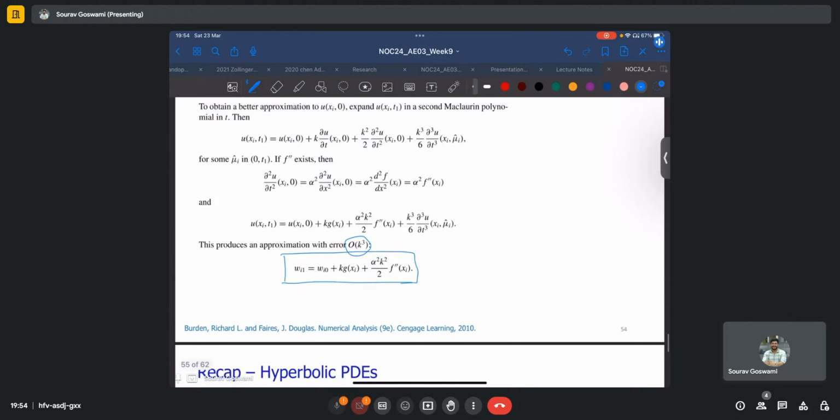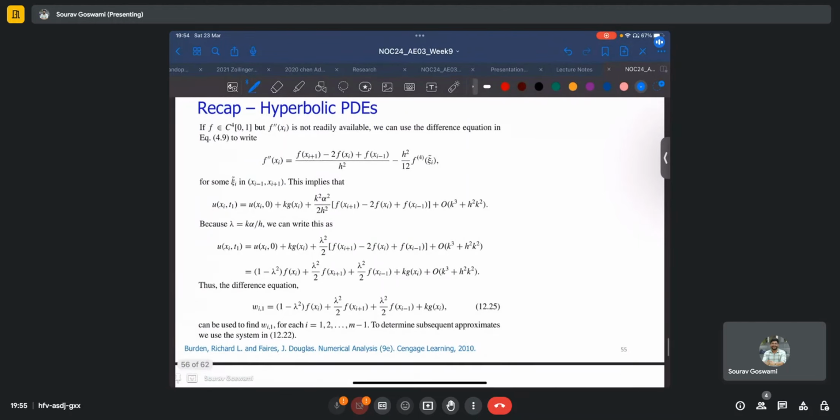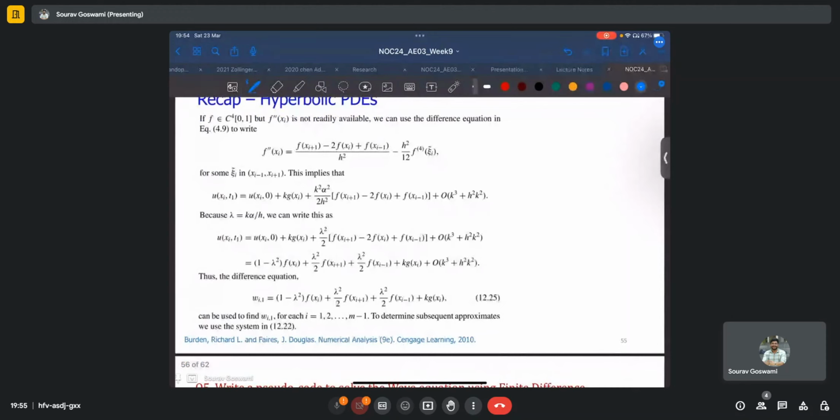Again, f is continuous to the fourth derivative, but if the second derivative of f is not readily available, we can use the difference equation to express it, and it can be simplified further without the need to explicitly calculate the second derivative.